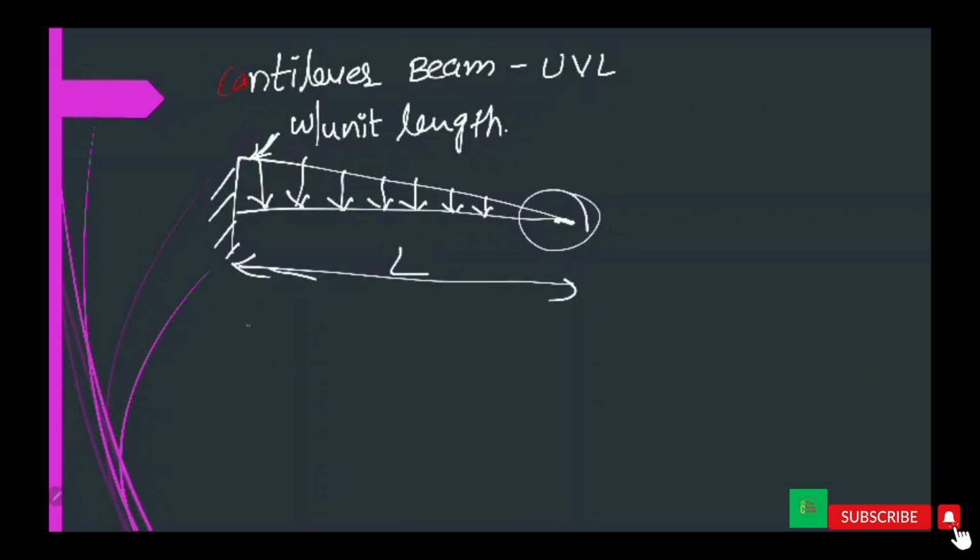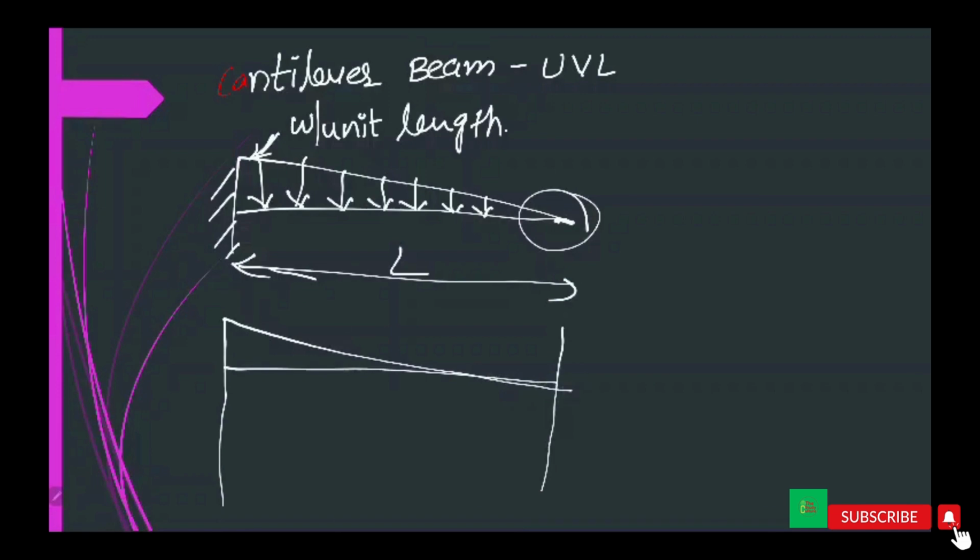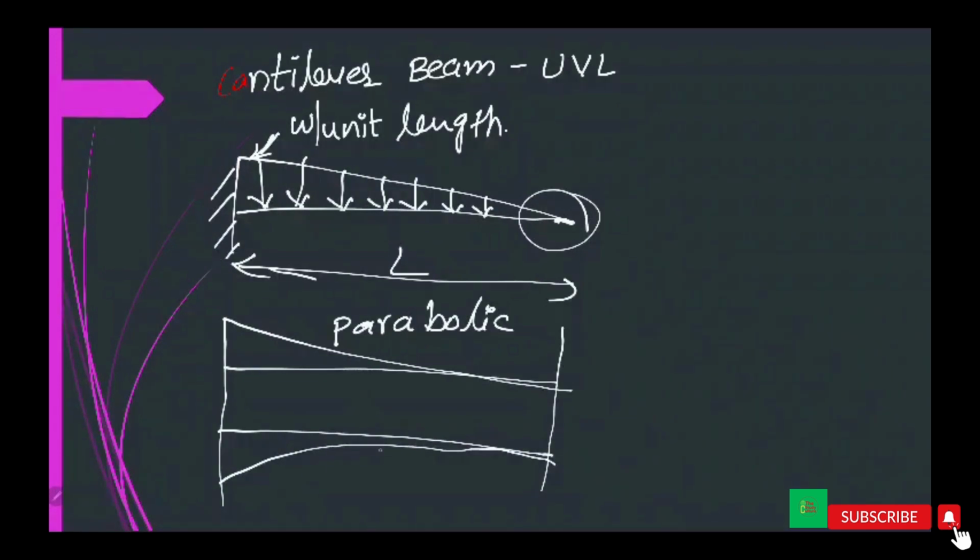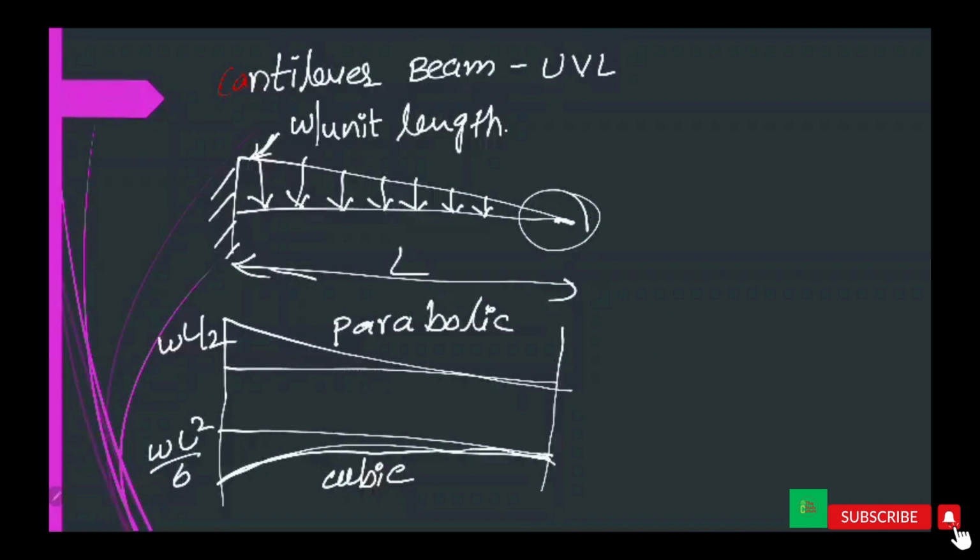Length L. Shear force diagram is like this, parabolic. And the bending moment diagram is cubic. WL by 2, WL square by 6.